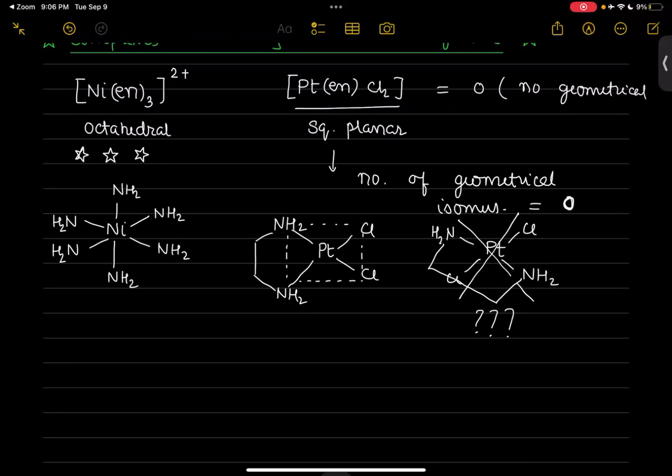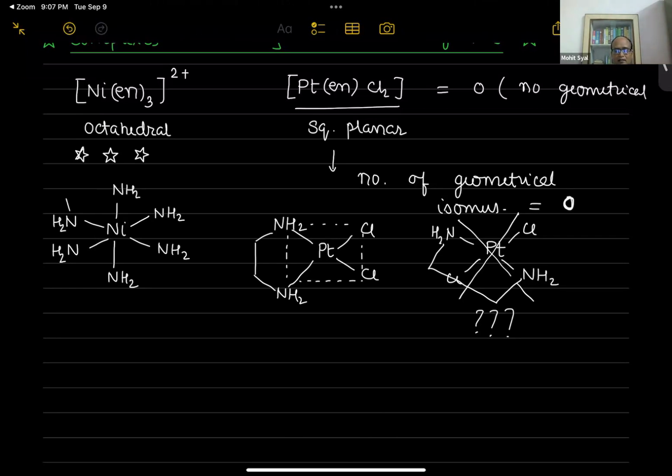Now let me connect them all. How are we going to connect them? While making the connection, do keep in mind that never connect the two NH2 groups like this. Is it clear or not? Don't connect them in this manner, because again the same problem is going to come up, right?